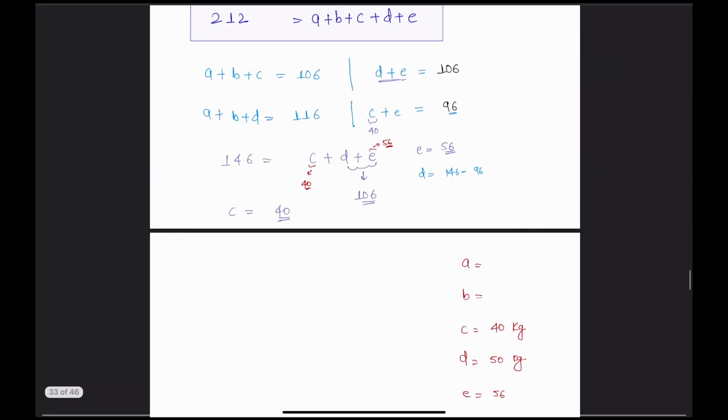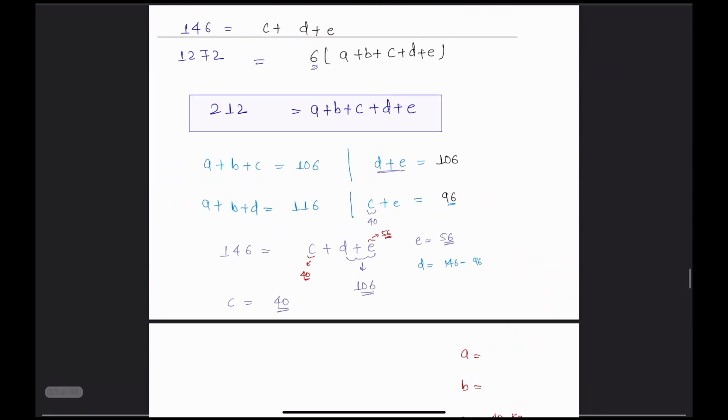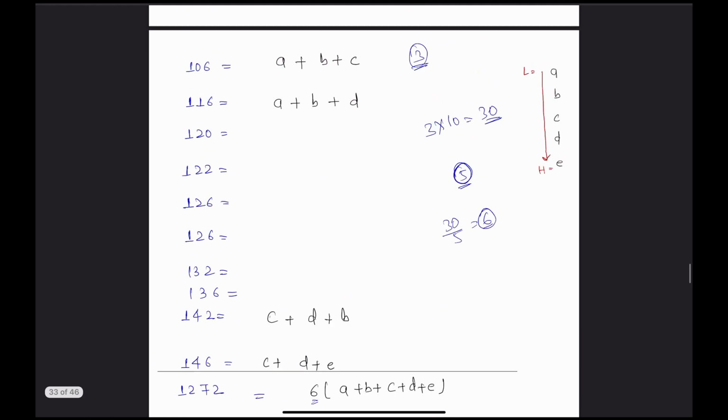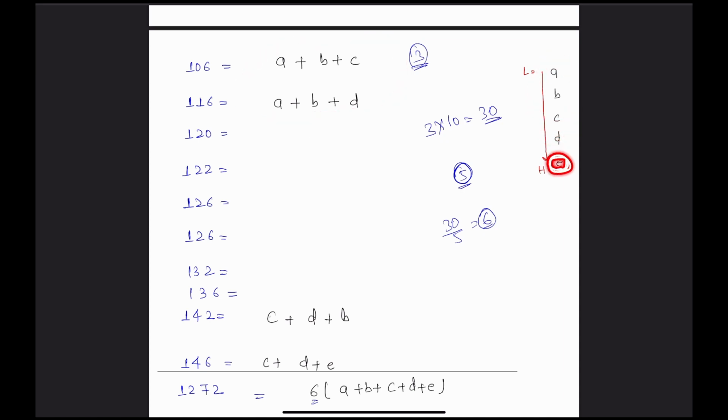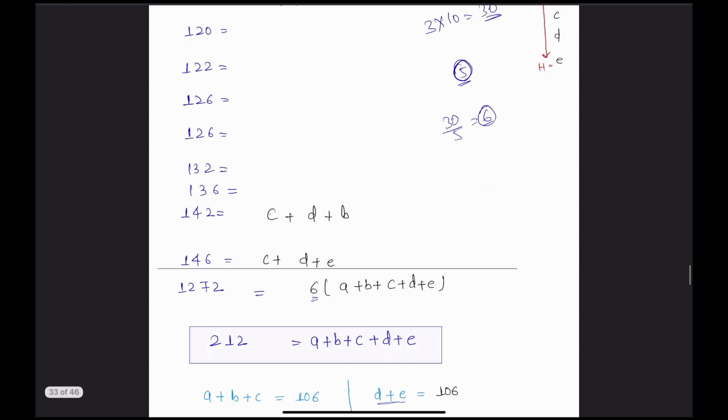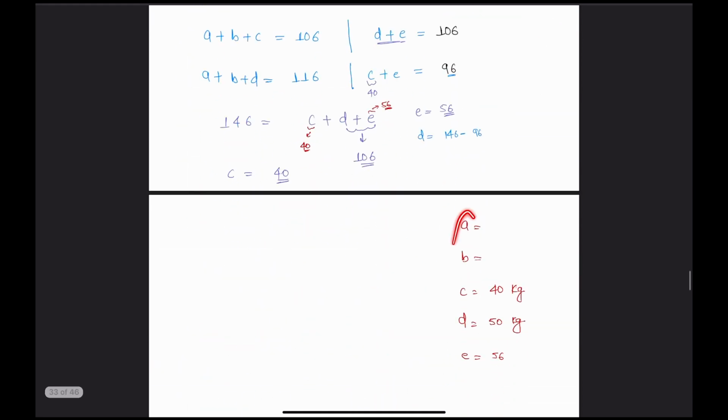So if you notice nicely now, what we did: we take these two values, the least ones, a b c or a b d, and we find the values of these three. Now we want to further find the values of other terms like a, b.